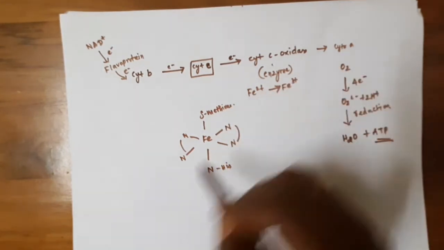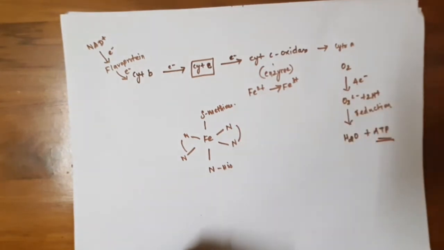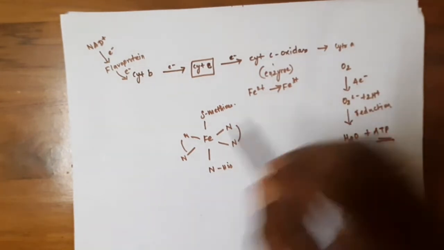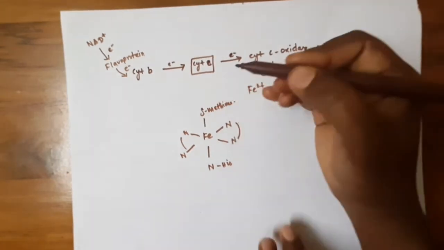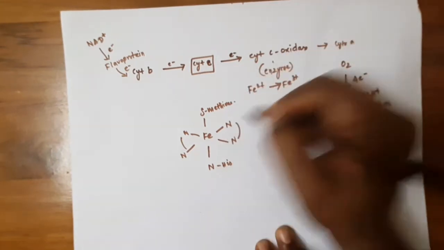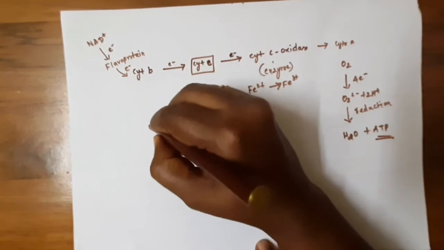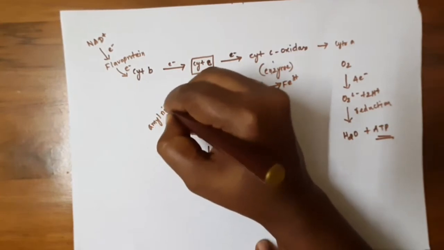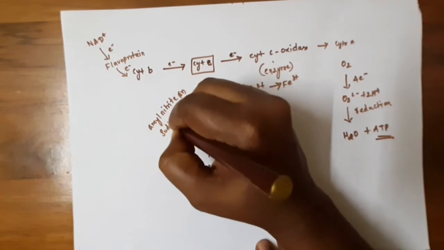Okay, and during this there is no place to bind the oxygen atom. Oxygen cannot bind, so the reaction will not be facilitated. To avoid this, amyl nitrite or sodium nitrate are given.